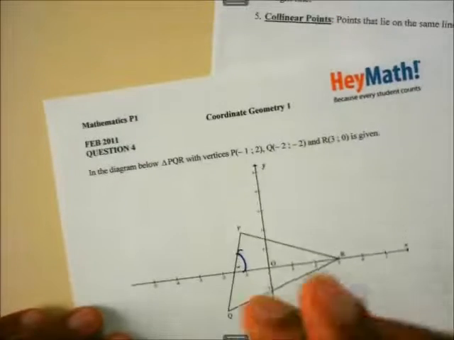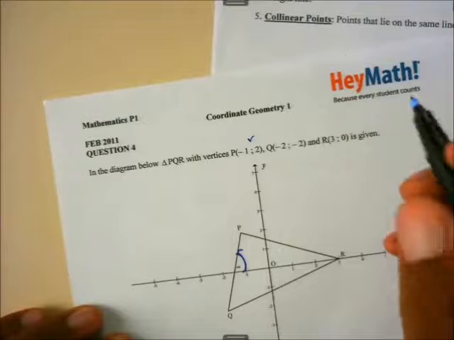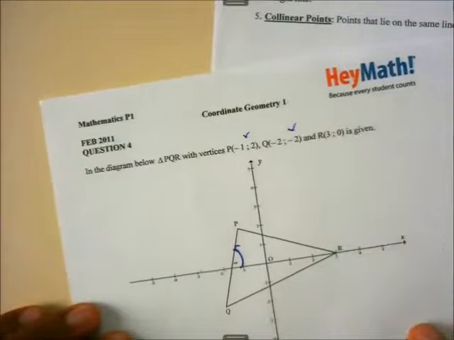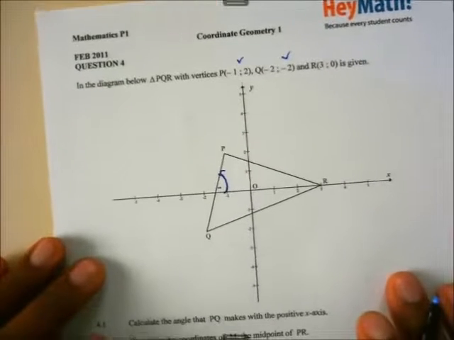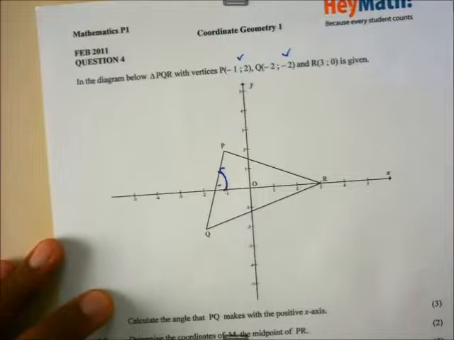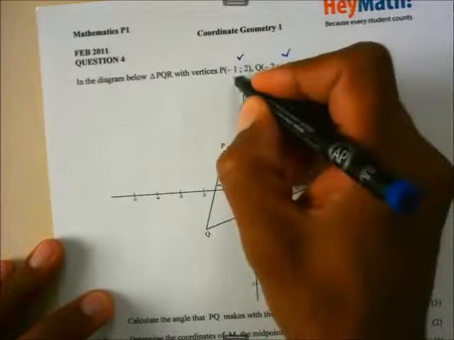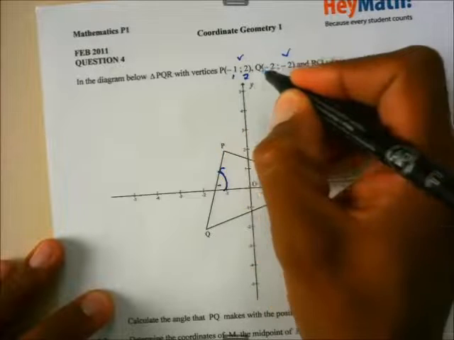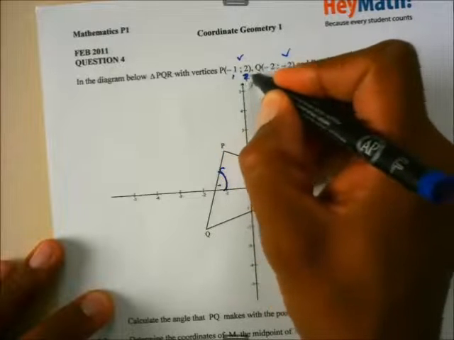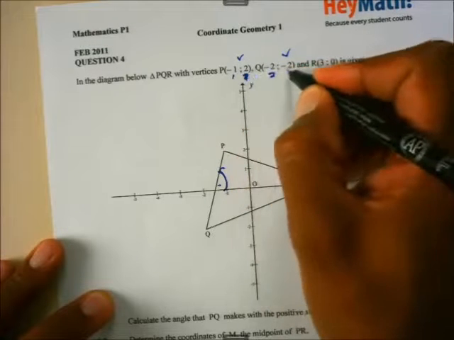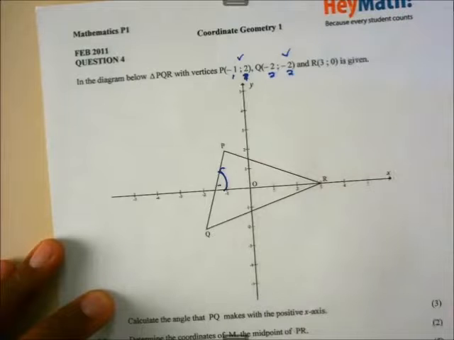We are going to use P as well as Q. From this one, I can say this is x1, y1, and then x2, y2.